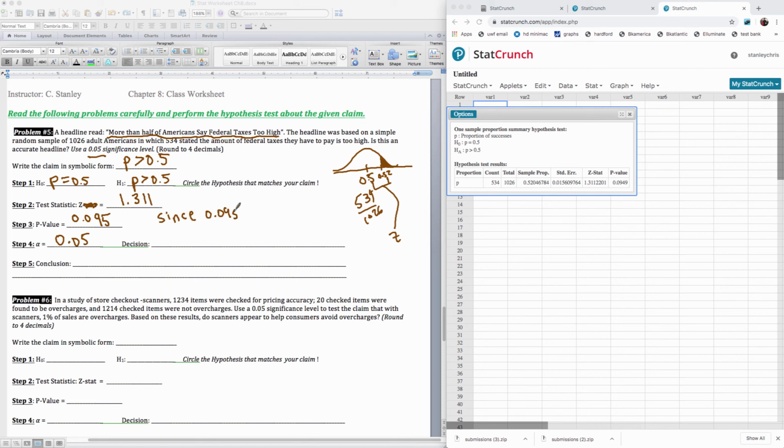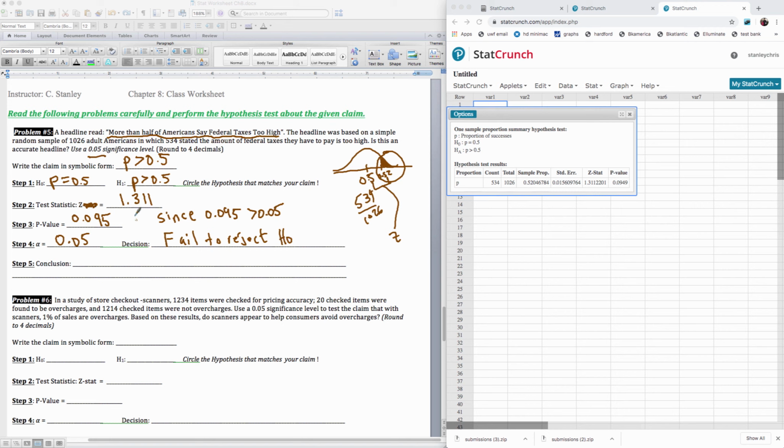Now since 0.095 is greater than 0.05, that basically means this result is not out of the ordinary if the null is actually 50%. If the truth is really 50%, their sample result was not that out of the ordinary. So we're not going to reject it. We fail to reject H null.